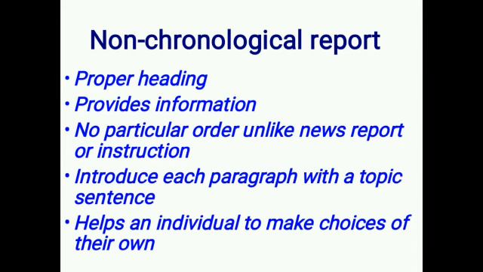A non-chronological report provides information about a topic in paragraphs. Apart from an introduction and a conclusion, the information requires no particular order, unlike a news report or a set of instructions. The paragraphs in a non-chronological report should provide information that will help the reader decide which place he or she would prefer to visit.